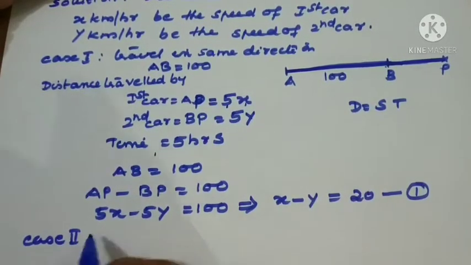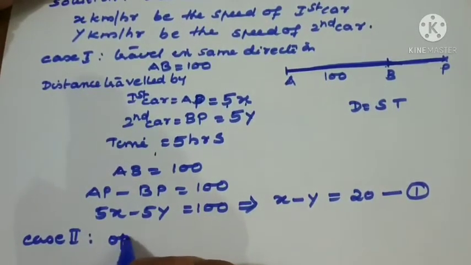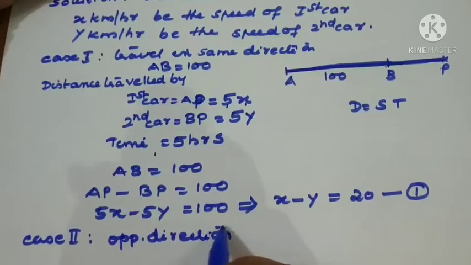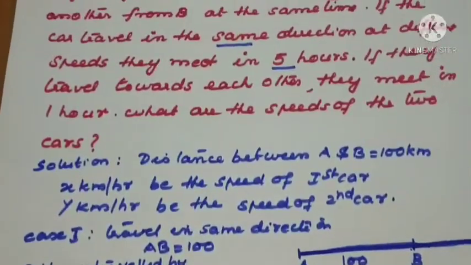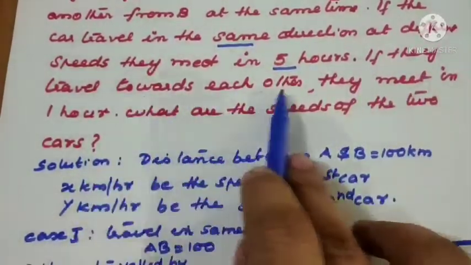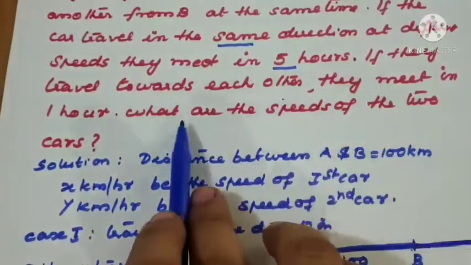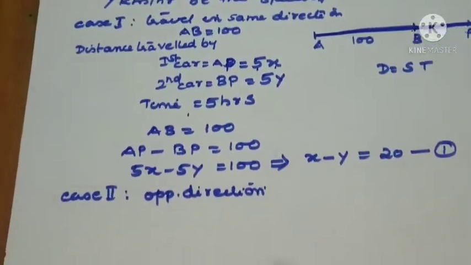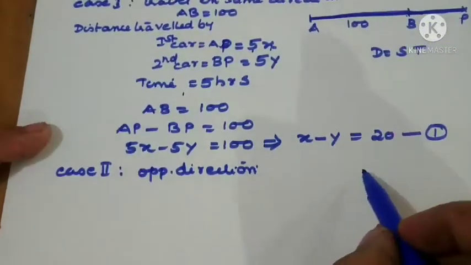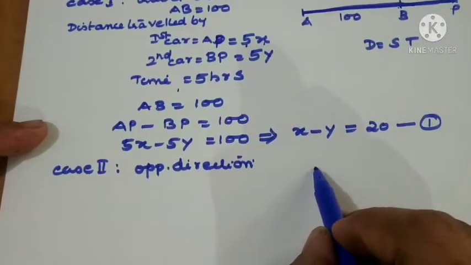Now what is case 2? They travel in opposite direction. I'll go back to the question once again. If they travel towards each other, they meet in 1 hour. Time changed now. Time is 1 hour only. Speed and everything is same only. So what is the diagram representation?